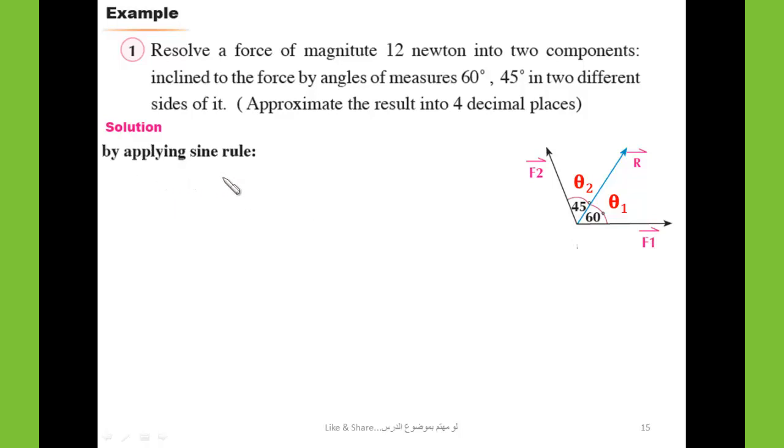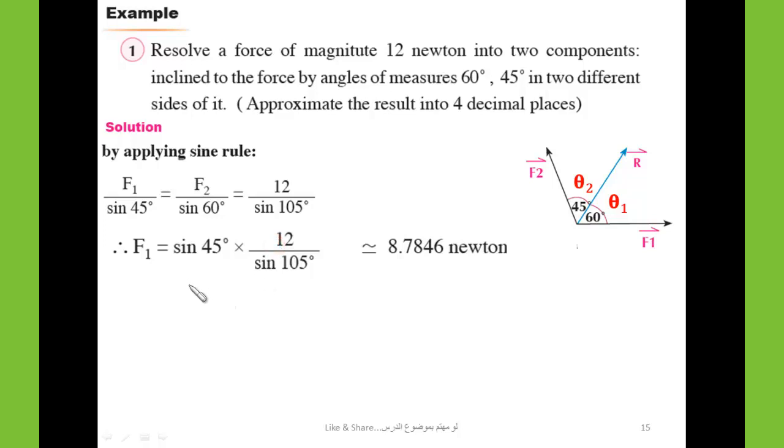By applying the sine rule, F1 over sine 45 equals F2 over sine 60 equals 12 over sine 105. 105 is the result of adding 60 plus 45.